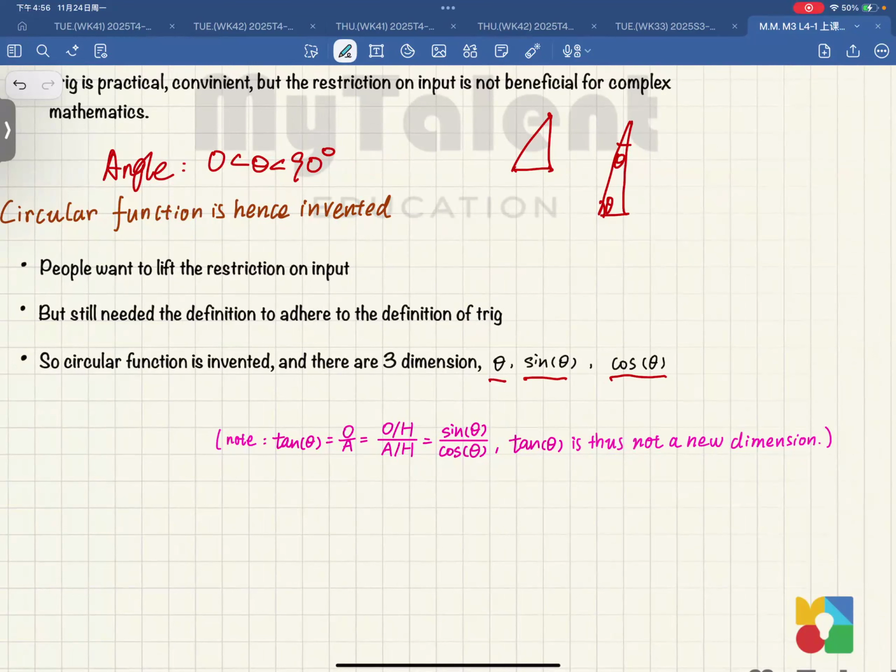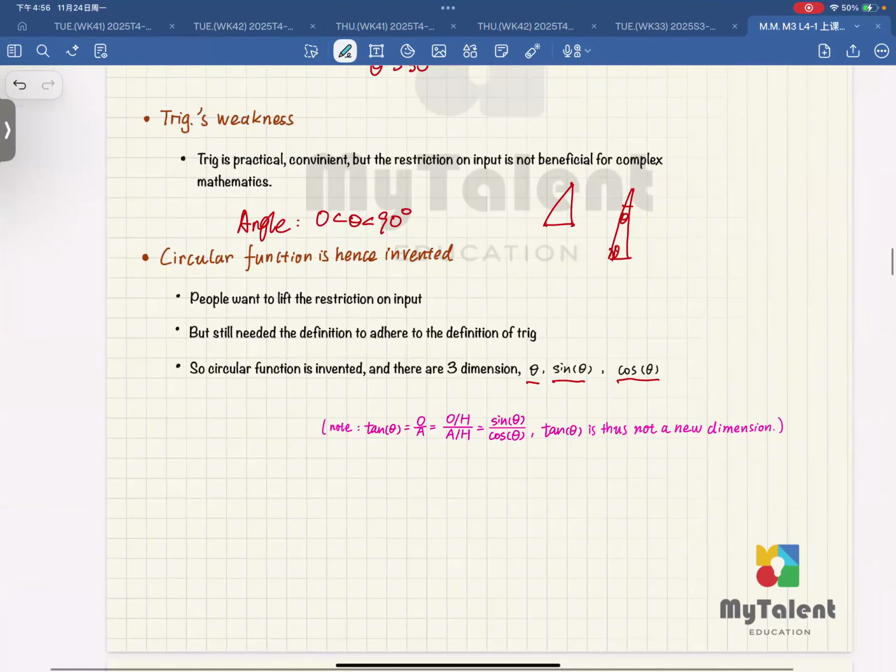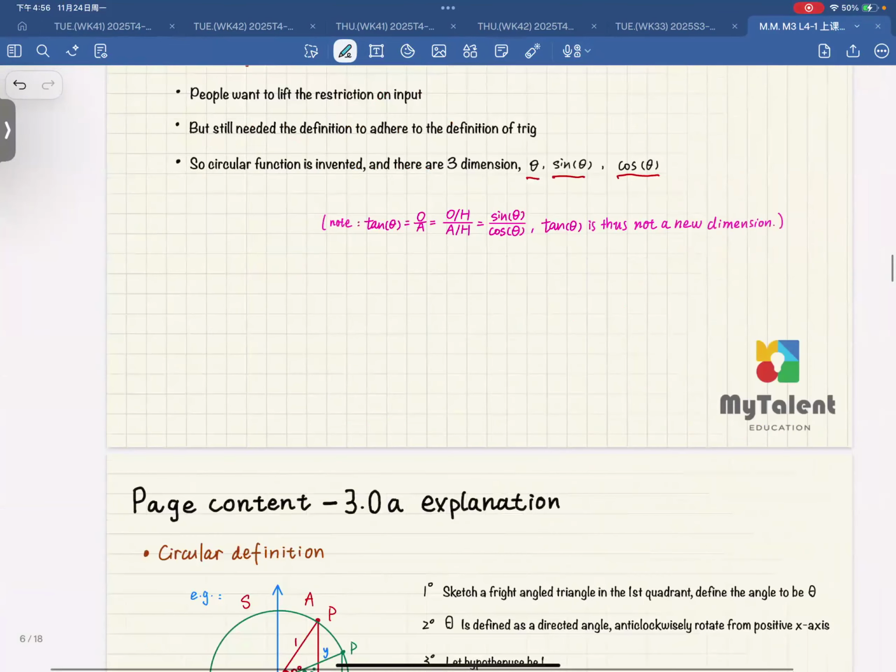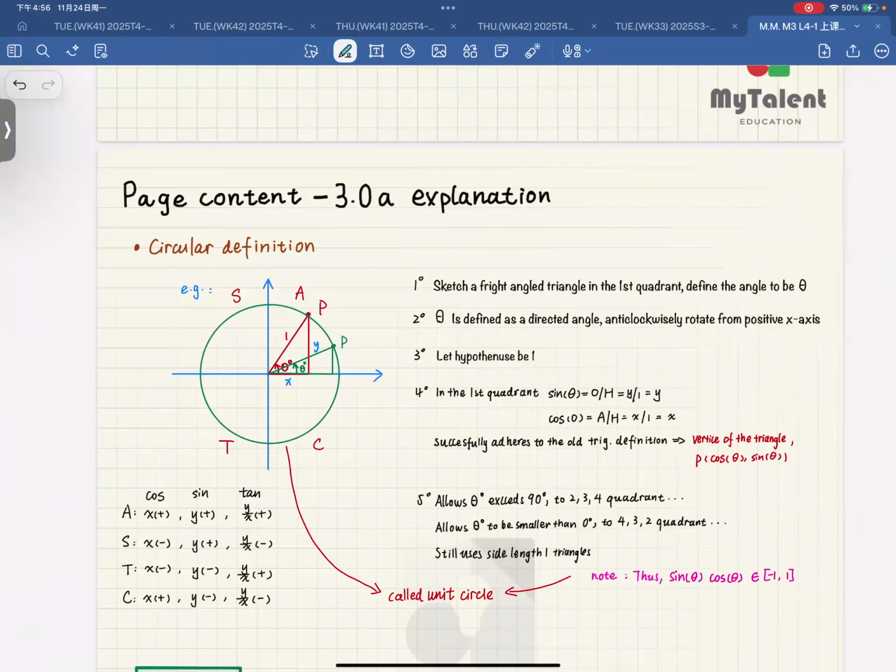Why do we only put theta, sine theta, and cosine theta here without tangent theta? Because tan theta equals sine theta over cos theta. Good. Tangent theta is defined by sine and cosine. So tangent theta is not a new dimension.